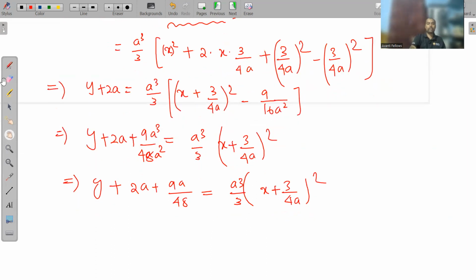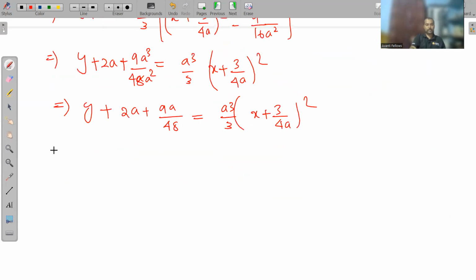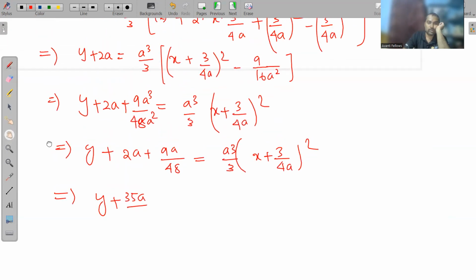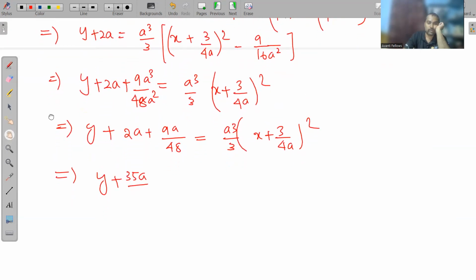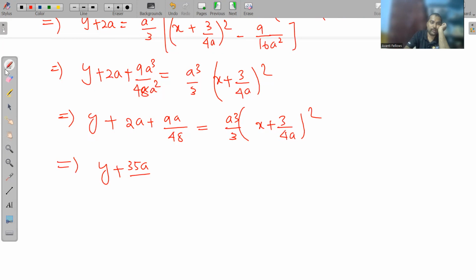Okay, if we further simplify it, we will get y plus 35a by 16a square, you got it? 35a by 48, okay, 35a you are getting. Let me check again.